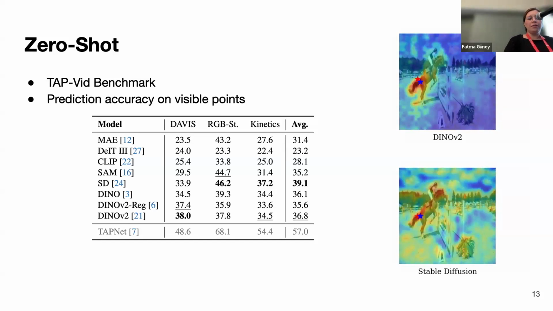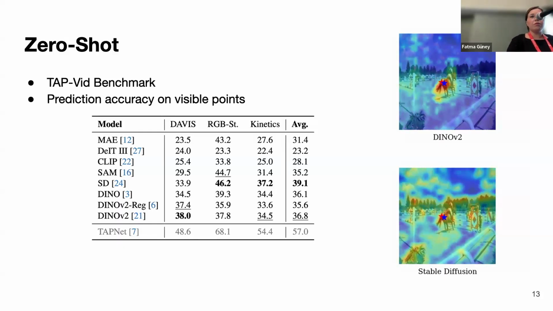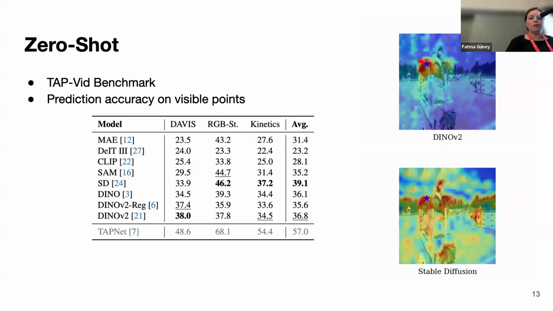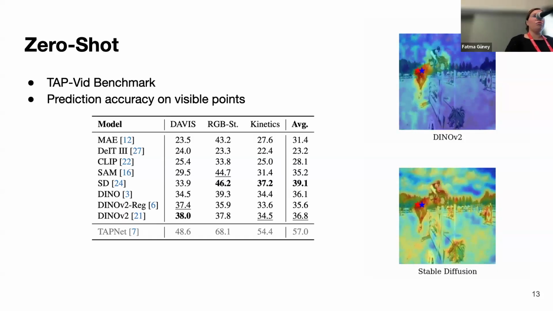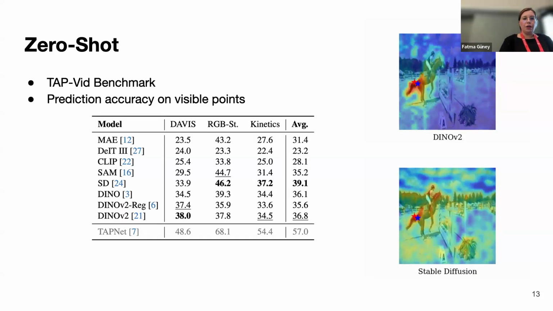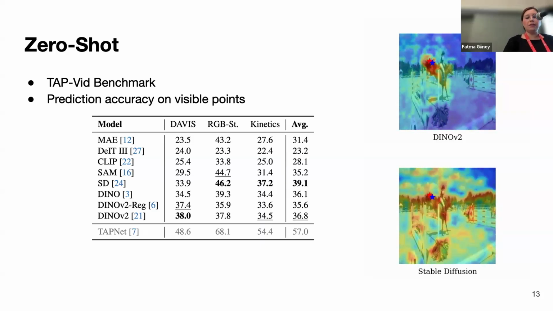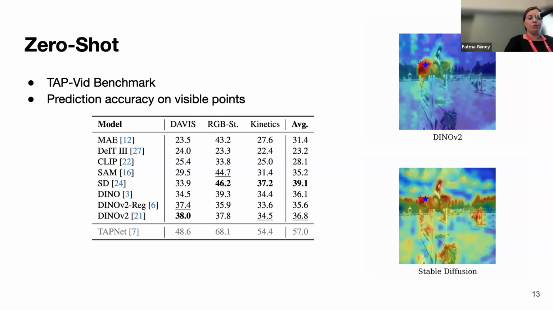I'm opening a parenthesis here: one reason we think could be the training set, because RGB-Stacking is a synthetic dataset and Stable Diffusion has a diverse training set, including both real-world and synthetic data. On average, in the last column, we see that Stable Diffusion achieves the best performance, followed by DINOv2.